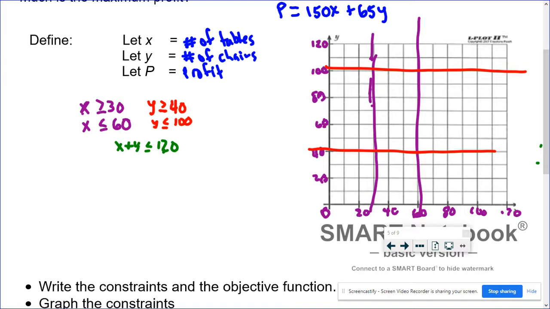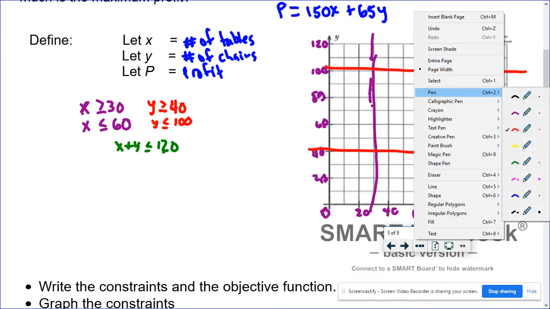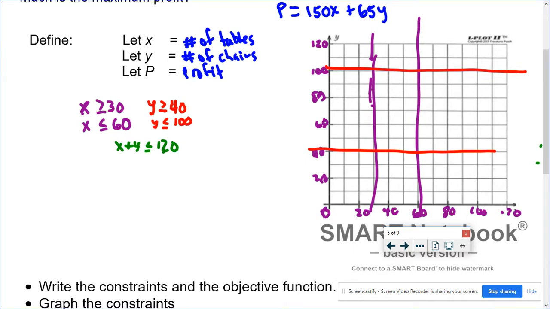We also have X plus Y less than or equal to 120. To make this easier, subtract X, and you get Y less than or equal to negative X plus 120.